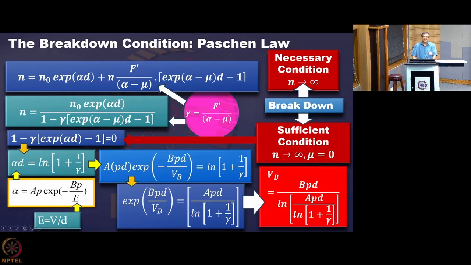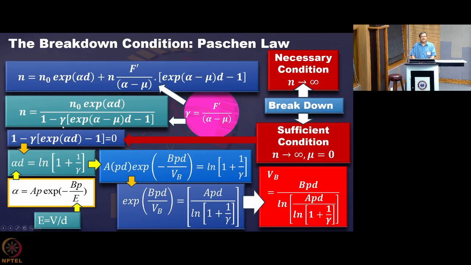Okay. So that will be the sufficient condition, but don't forget that this mu is already there in this gamma, this f dash by alpha minus mu. So we are not completely eliminating the effect of the absorption, but in the exponential term we are just not considering the effect of mu, the absorption.